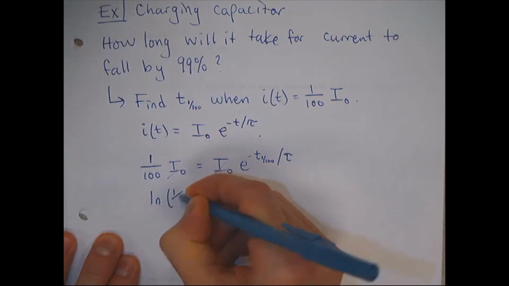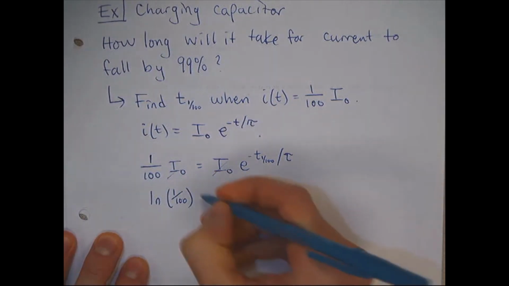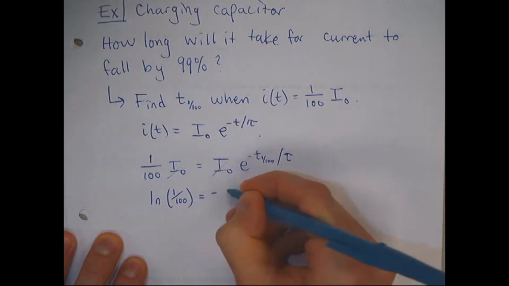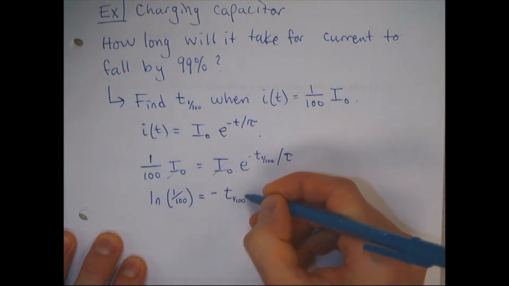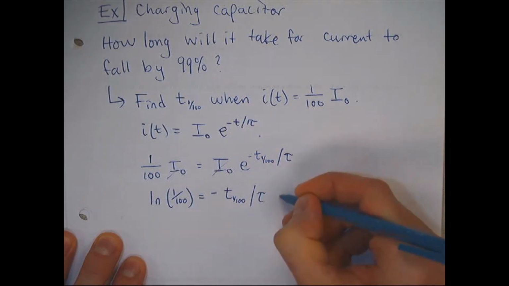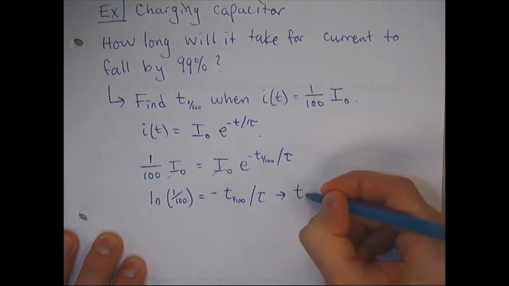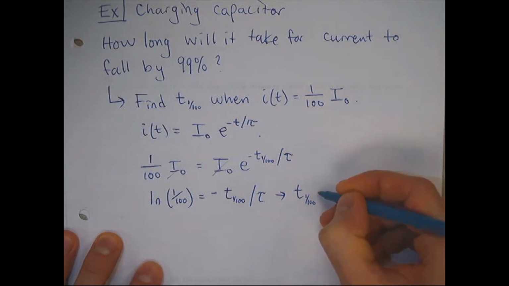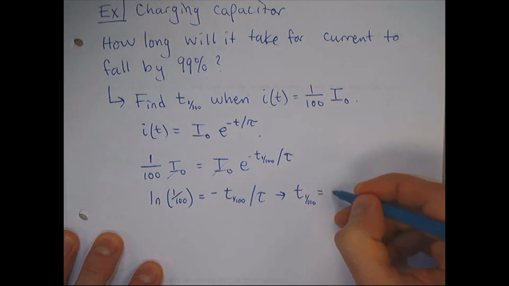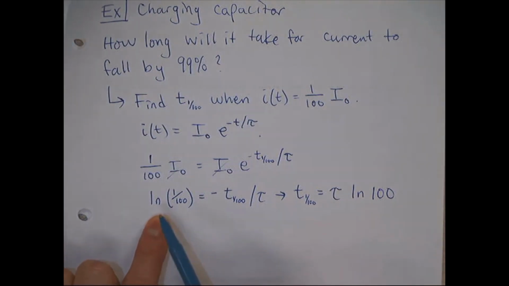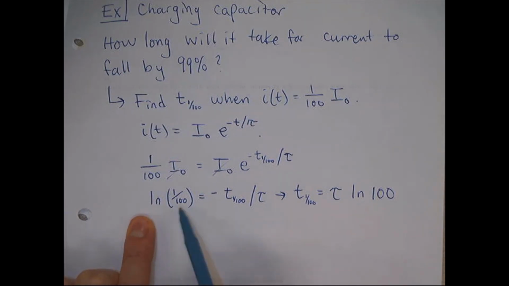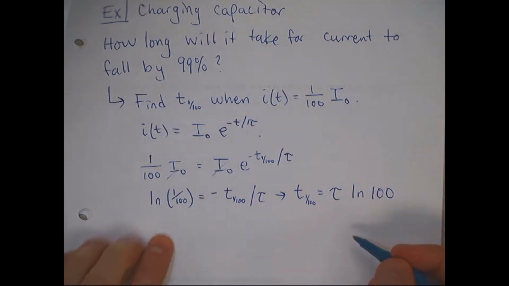So you have log 1 on 100 is negative t at that time over tau. And we have simply that the solution for that time is tau natural log 100. Okay, I've skipped the step that, of course, the natural log of 1 over 100 is negative log of 100, so our negatives cancel out.